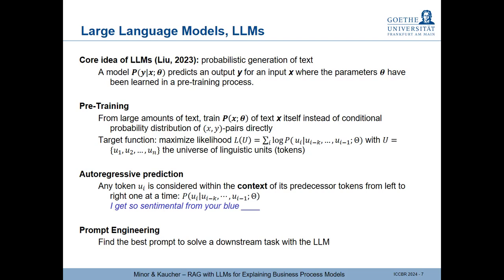That means of all linguistic units u that are considered within the context of their predecessor tokens. That means the sum of all logarithmic probabilities of any ui based on the preceding units ui minus k until ui minus 1. So k denotes the size of the context window that is considered when predicting the probability of any ui.